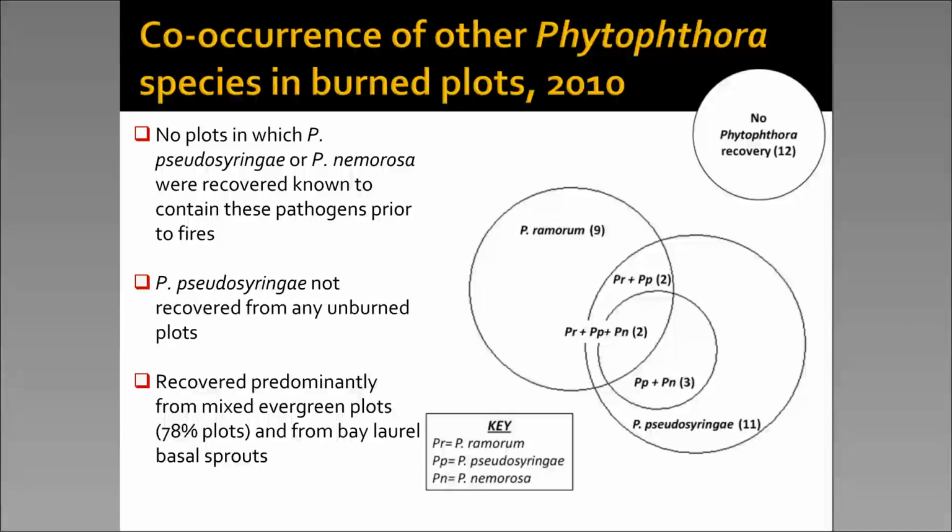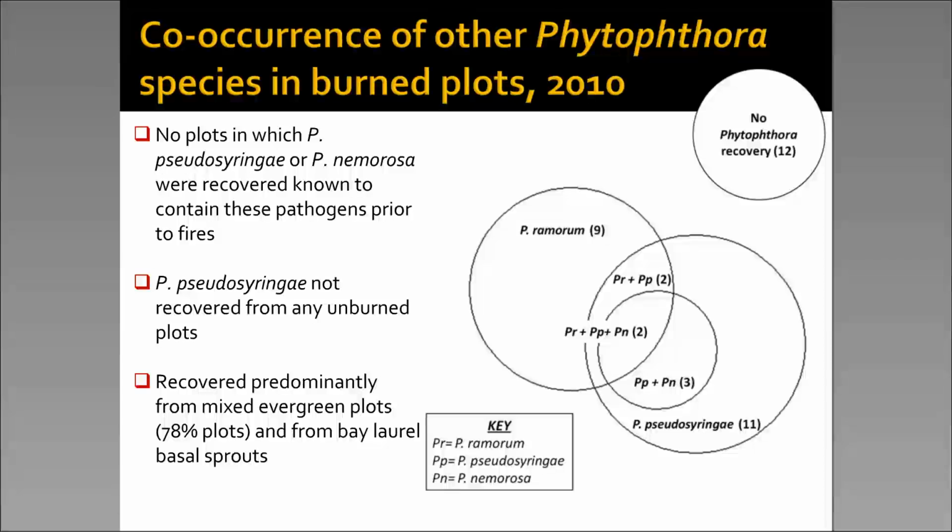Interestingly enough, none of the plots that were used in this study were known to contain either of these pathogens prior to the fire. These pathogens, Phytophthora pseudosyringae and Phytophthora nemorosa, are also believed to be invasive or non-native Phytophthora species, but they certainly don't cause the mortality levels that ramorum does.